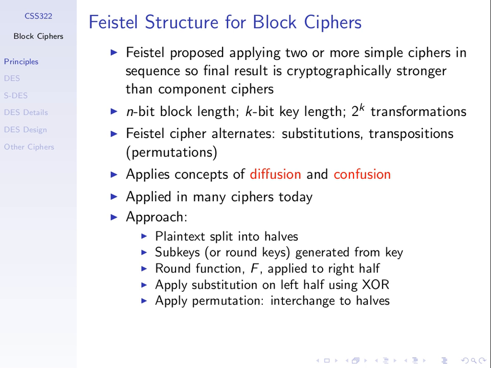Have round keys or sub-keys generated from the primary key. You need some round function applied on the right half. Combine it using an XOR, exclusive OR, and apply some permutation, that is, rearrange, swap the halves. But we'll see that in more detail in a moment.